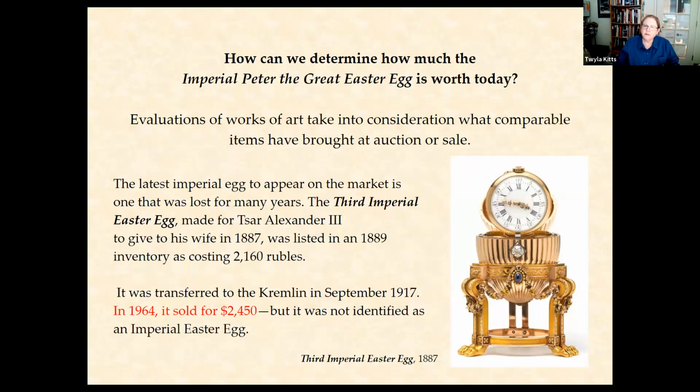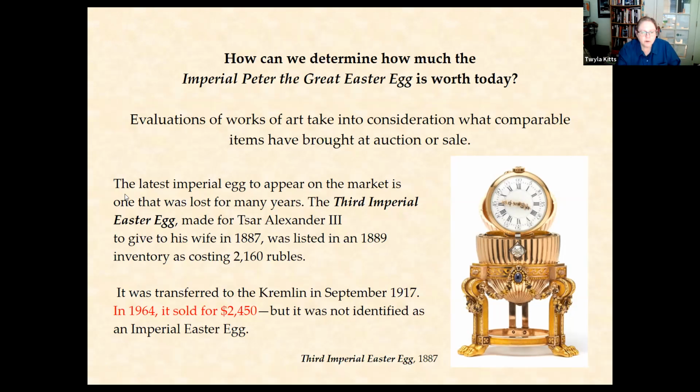So how could we determine how much the Imperial Peter the Great Easter egg is worth today? When we're evaluating a work of art, which the museum can't do because it's against the law, we're state employees, we can't get into the negotiating of numbers. But usually when you're evaluating something, you take into consideration what comparable items have brought at auction or sale.